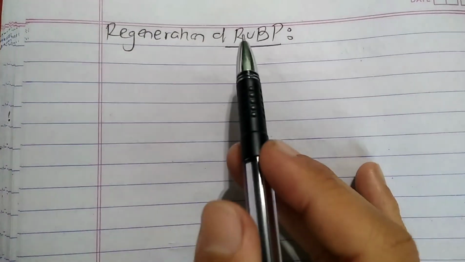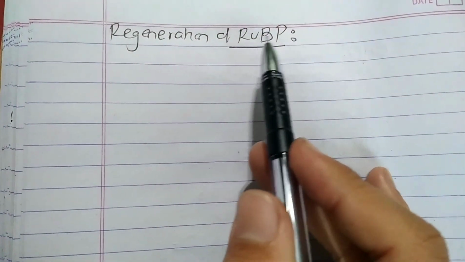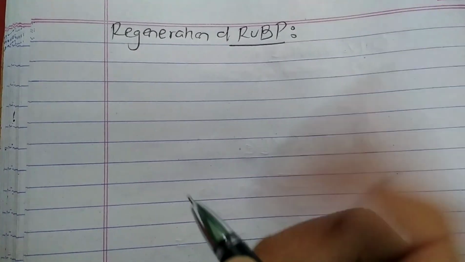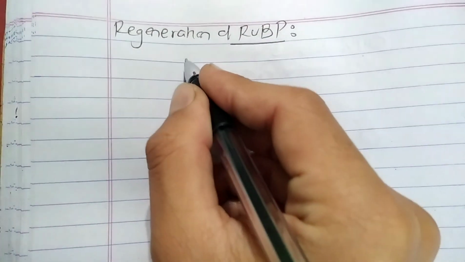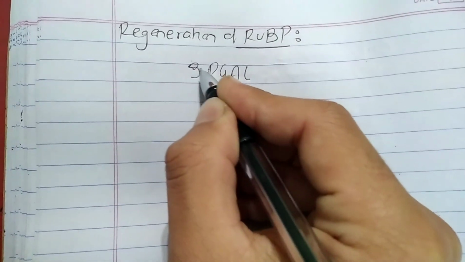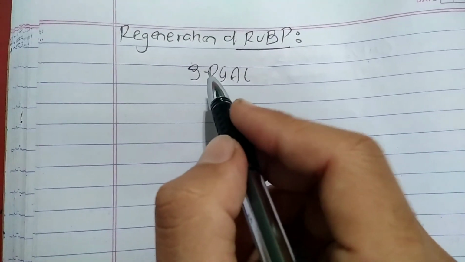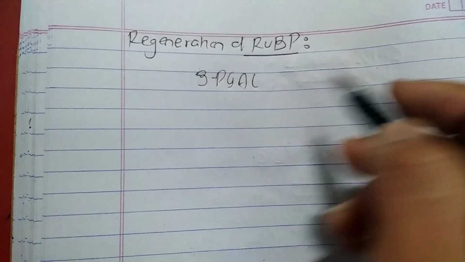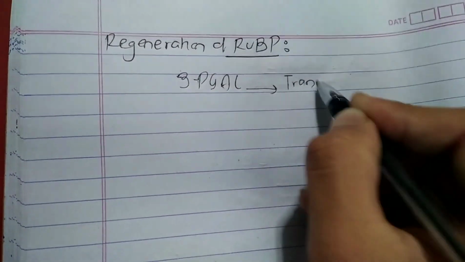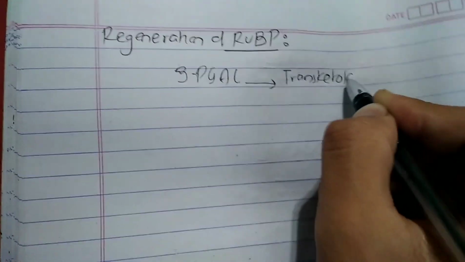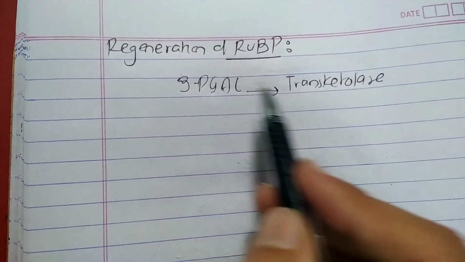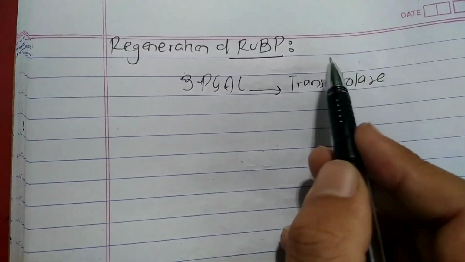For the regeneration of RuBP, which stands for ribulose bisphosphate, and to complete the cycle, you just have to remember 2 things. Whenever you see 3-PGAL, that means whenever you see 3 phosphoric acid aldehyde in the reaction, write transketolase enzyme over the reactions.